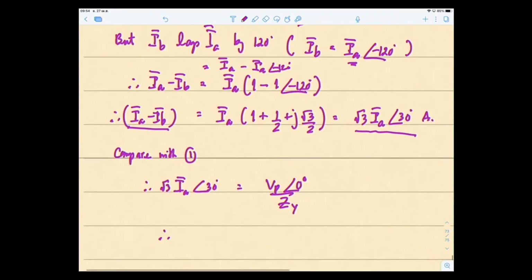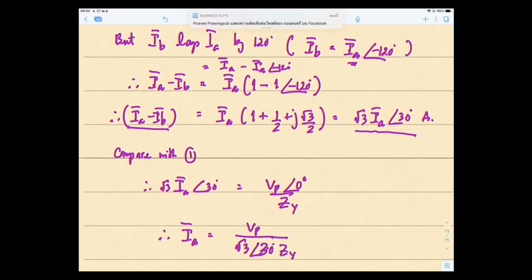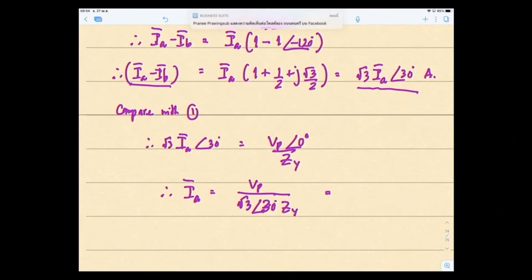So therefore you get line current IA equal to V phase over root 3 and angle 30 degrees and ZY, or in another word it's equal to V phase over root 3 angle minus 30 degrees and also ZY. So you get your line current for IA.